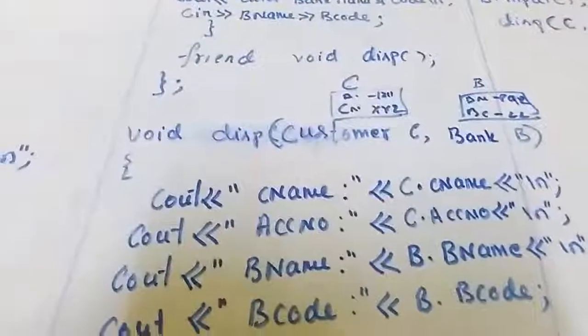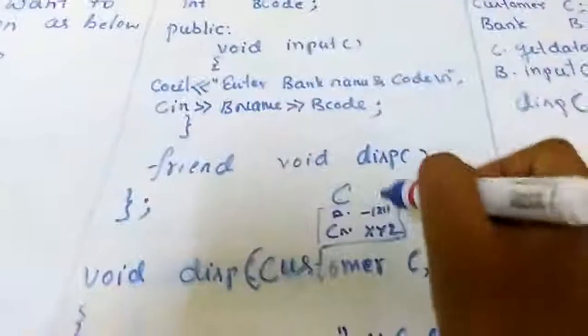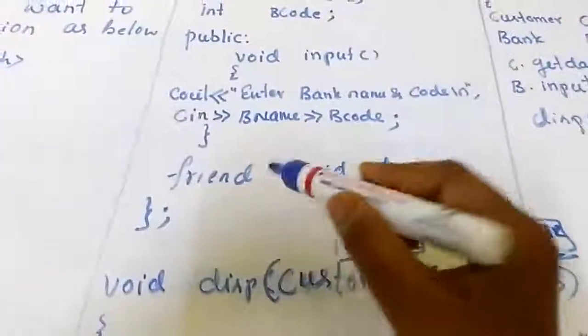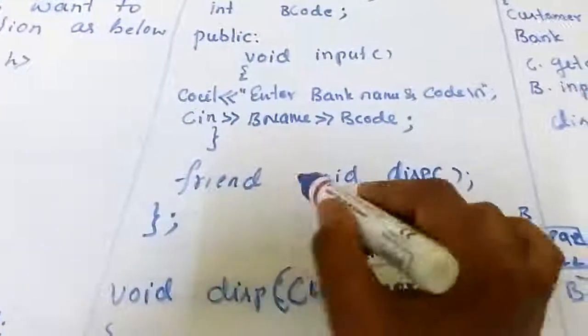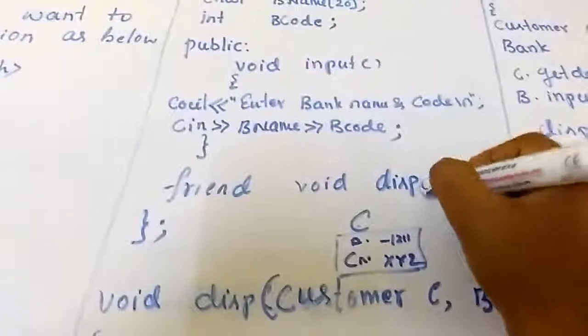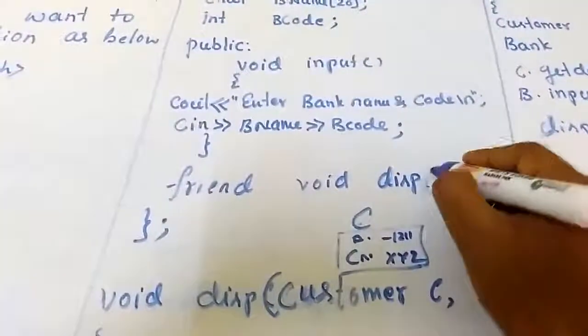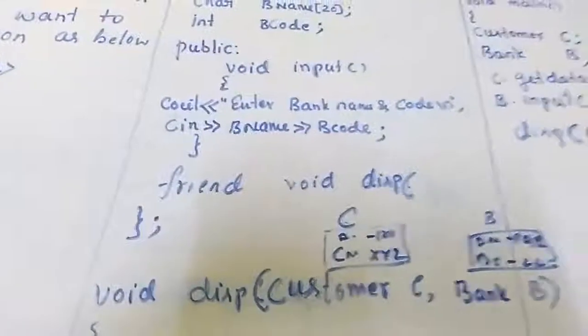Understood? And another change you need to make here. See, we have declared this friend function inside the class. In order to declare, we must use the keyword friend. Within the parentheses in the declaration, we must add the data types. What type of argument does this function receive?